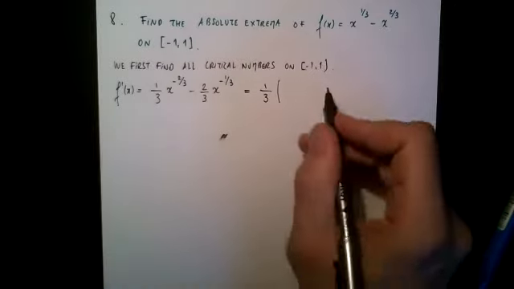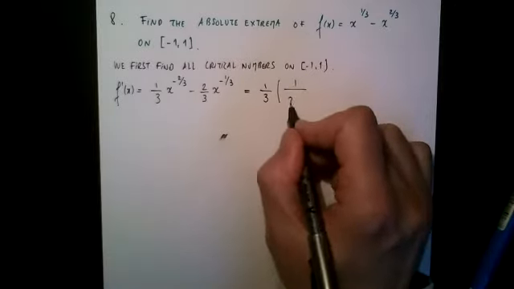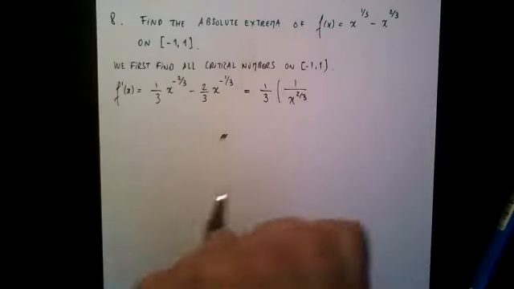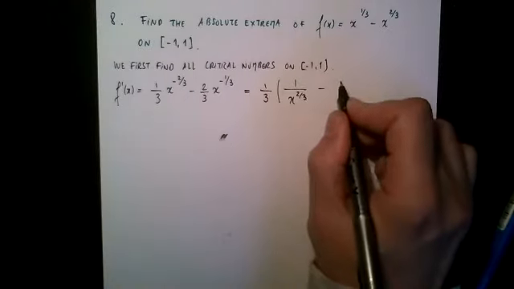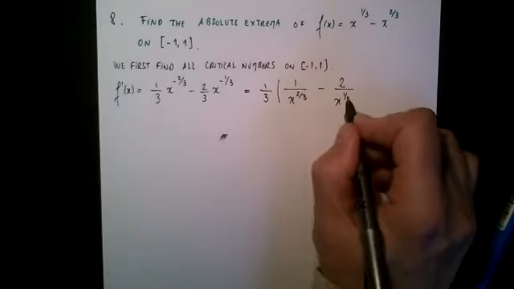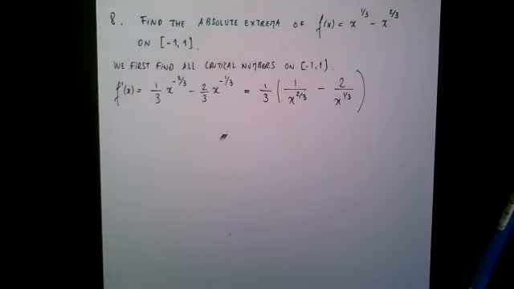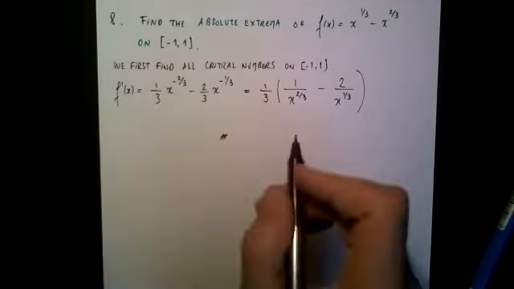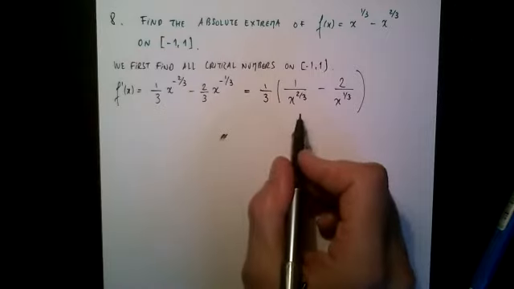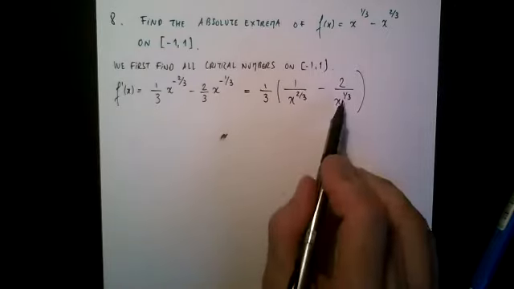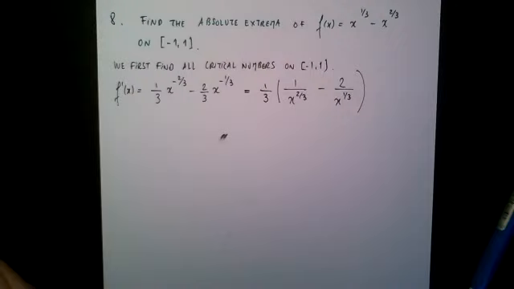Okay. So I have here 1 over x to the 2/3 minus 2 over x to the 1/3. Is that okay? Can you explain how you got that?